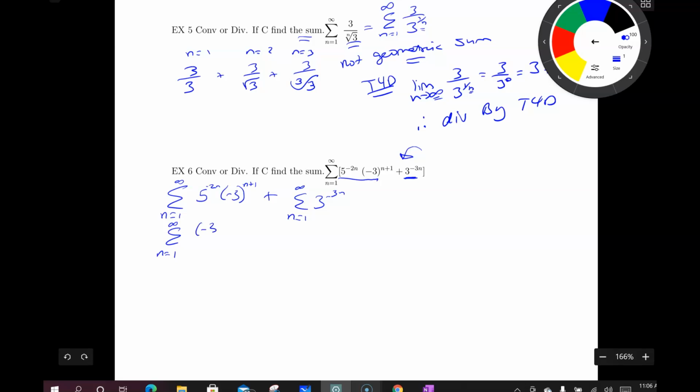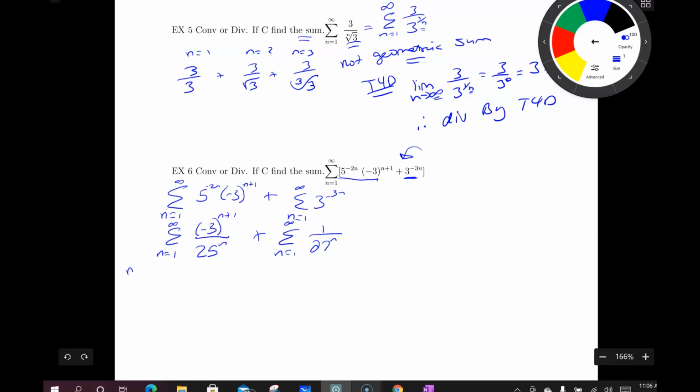I'm going to leave this negative 3 to the n plus 1 up here, and I'm going to pull this to the denominator and make it 25 to the n. And I'll do a little bit of fixing here. Negative exponent, I'll put it in the denominator, and that'll be 27 to the n, right? That's cubed to the nth power.